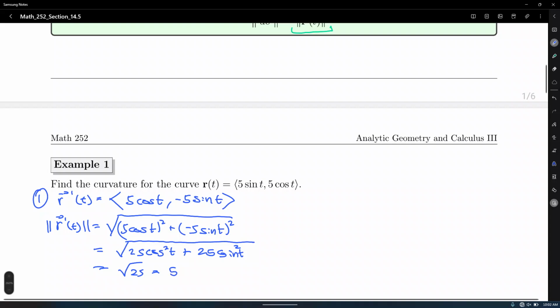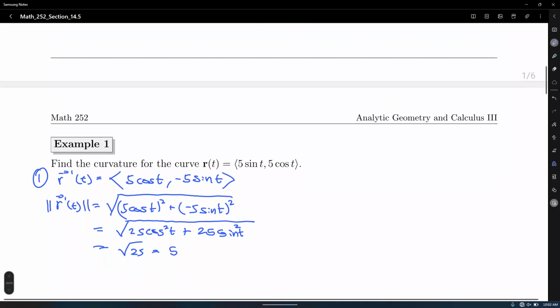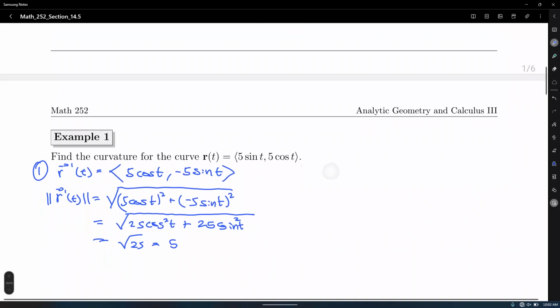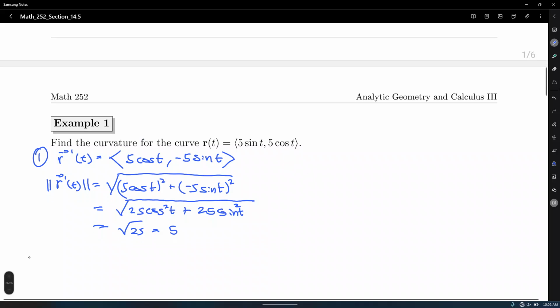So we have the first part, all right? We have the magnitude of r prime. Let's get the second part. So for the second part, number 2, we need to find the unit tangent vector. And the unit tangent vector is given by r prime divided by its magnitude.